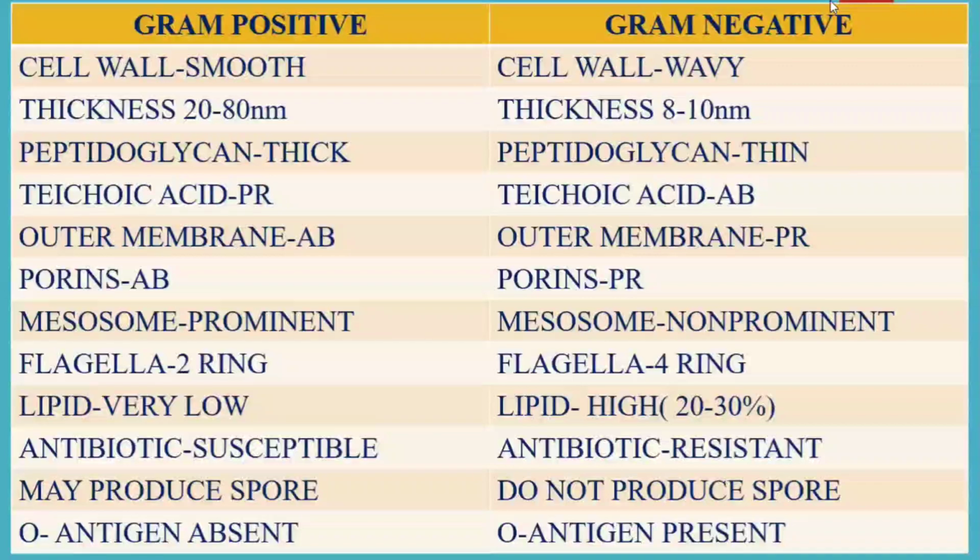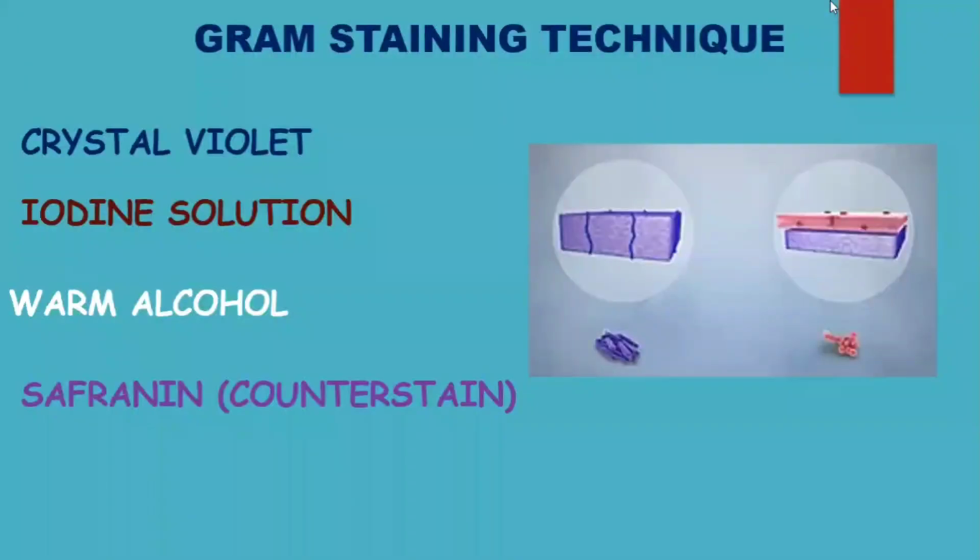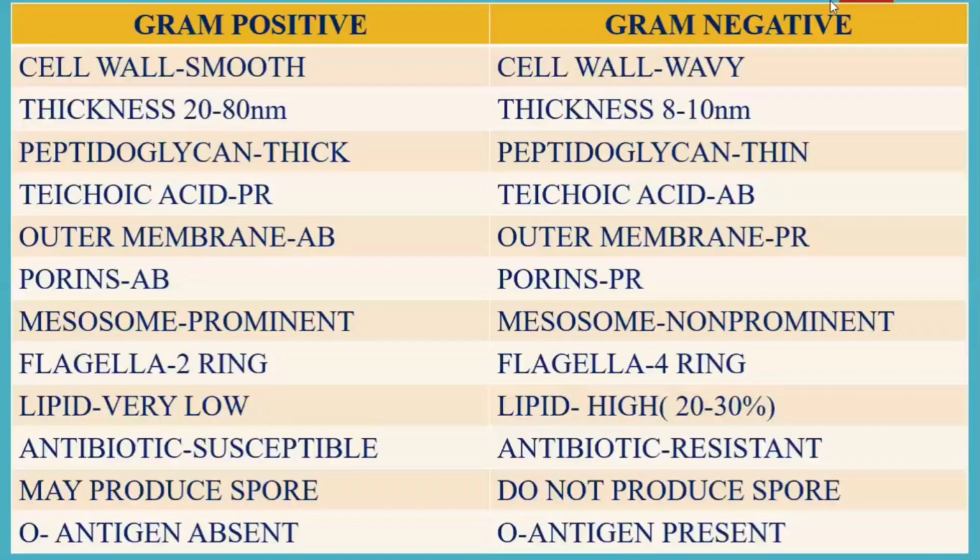It's a structural component of the cell wall. Outer membrane is absent. Now, when I say outer membrane, it's nothing but a lipoprotein layer, lipid and protein layer. If you recollect here, you can see an upper layer, pinkish color. That's a lipoprotein layer. So that is absent in the case of gram positive, but present in the case of gram negative. Porin proteins are absent in gram positive, but present in gram negative.